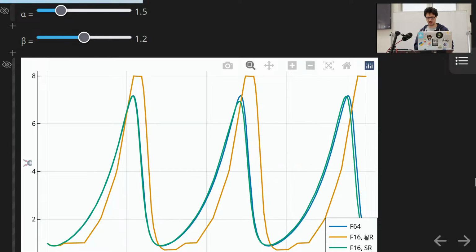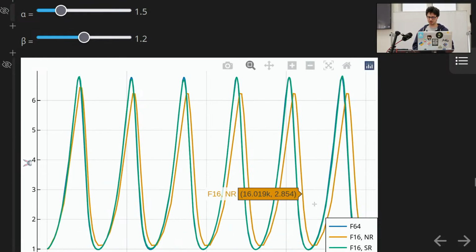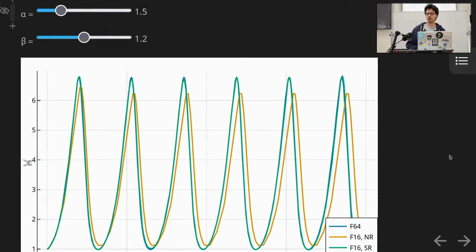Nearest rounding in this case is not as bad, but still stochastic rounding is much closer to the real result. I think this was a cool showcase of how stochastic rounding is useful when you want to use low precision floating point numbers, which means you can use one quarter of the memory in this case, and maybe get 4 times the throughput.